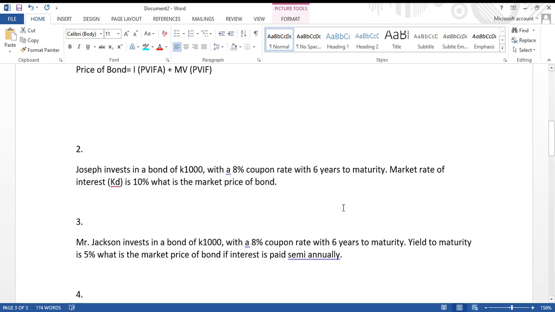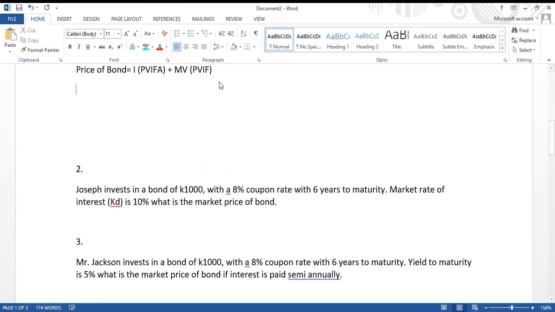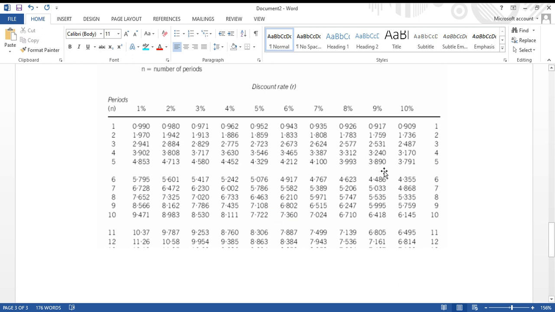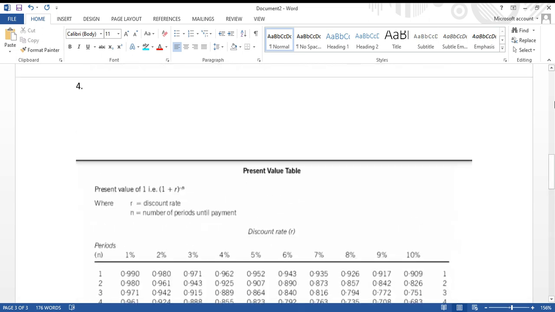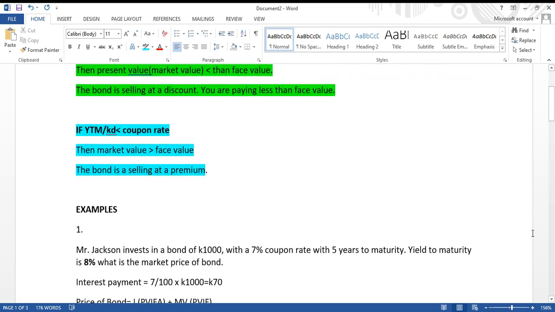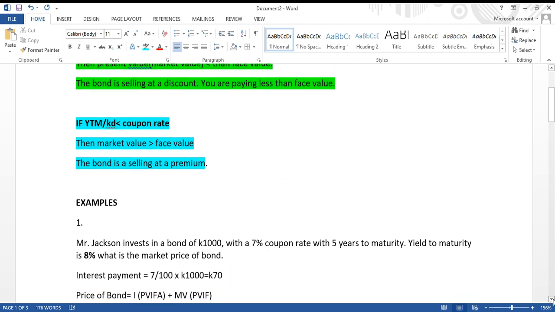So we're going to put it here. Our interest payment is 70 times our annuity factor, which is 3.993.